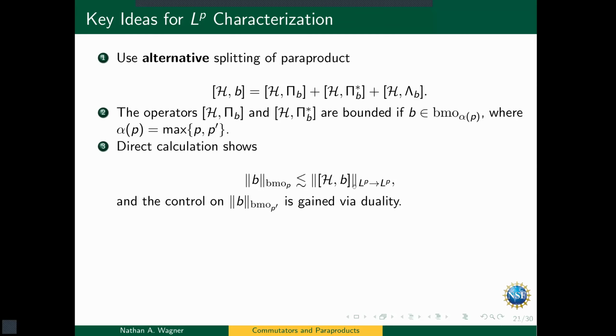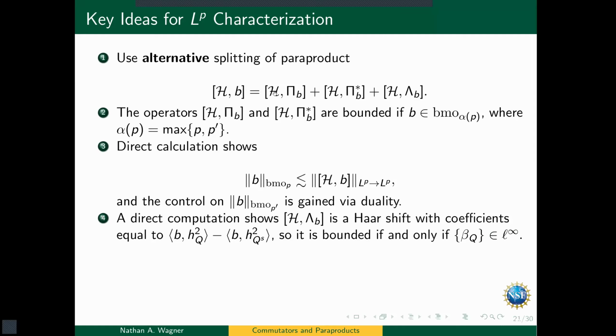Moreover, you can do a direct calculation that establishes the commutator norm is controlled from below by this little BMO p norm. And so once you know the commutator is bounded, b has to belong to little BMO p, and we get the control on little BMO p prime by duality, because the commutator is essentially a self-dual object if you take its L2 adjoint.